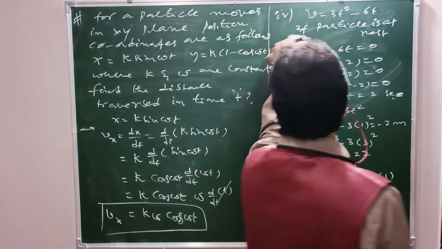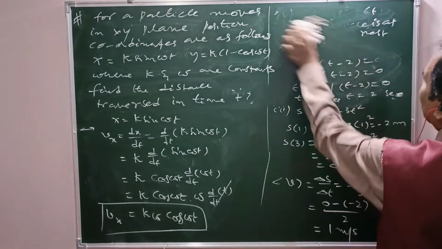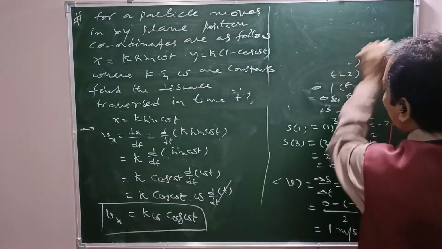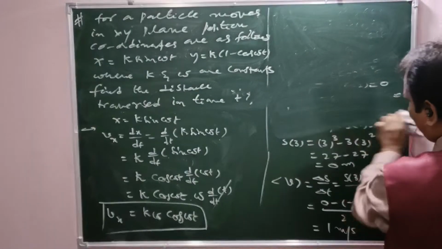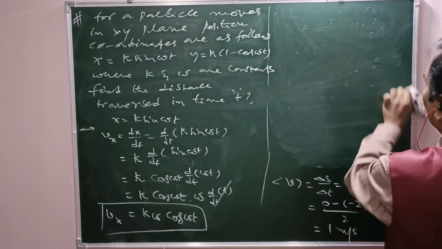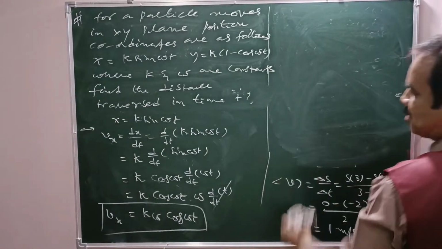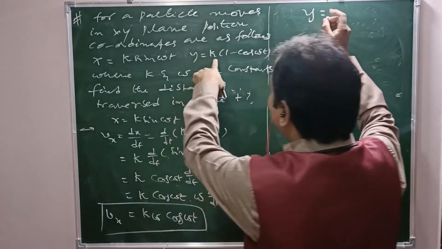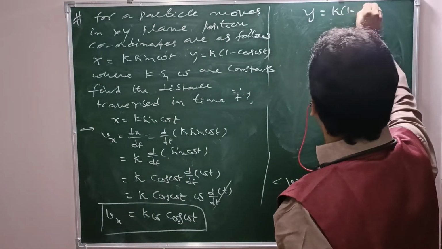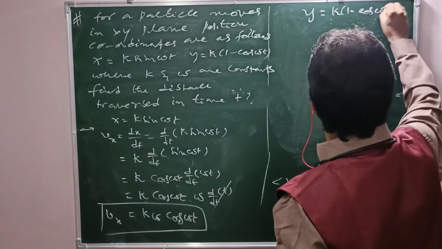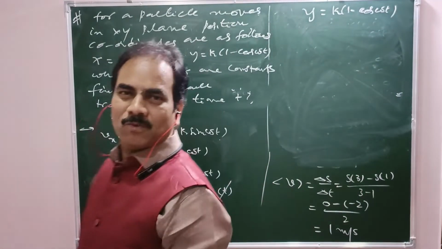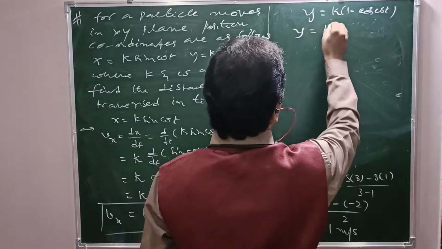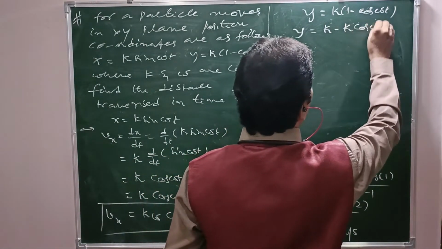Now coming to the y component of velocity. How to get the y component in the same way? On differentiating the y coordinate with respect to time, you can have the y component of velocity. That is, see, y equals, what is the expression, k of 1 minus cos omega t. Am I right? K of 1 minus cos omega t. On expanding, y equals k minus k cos omega t.